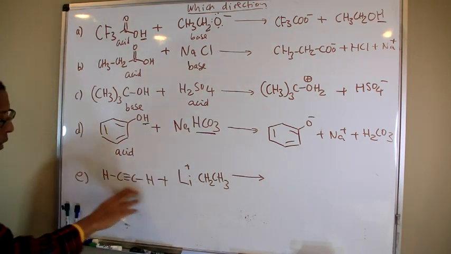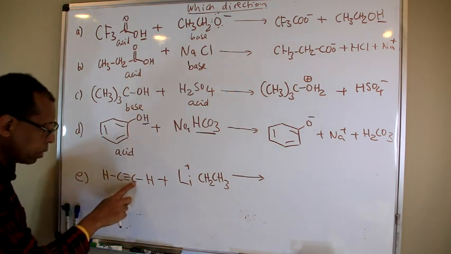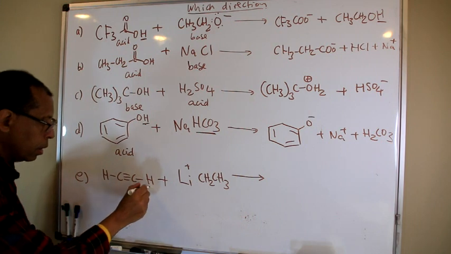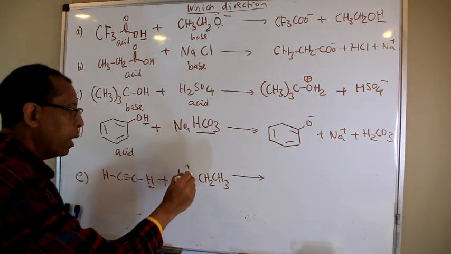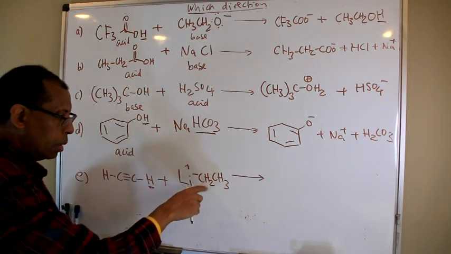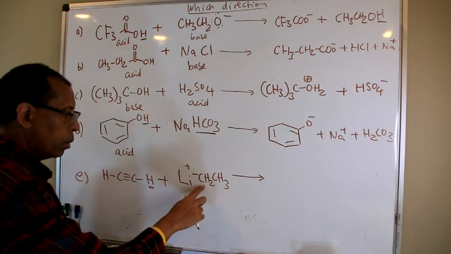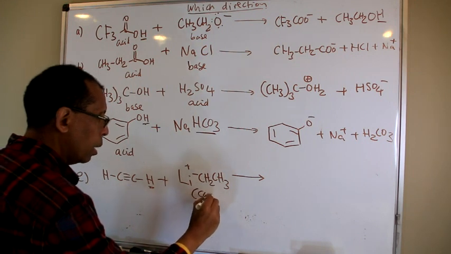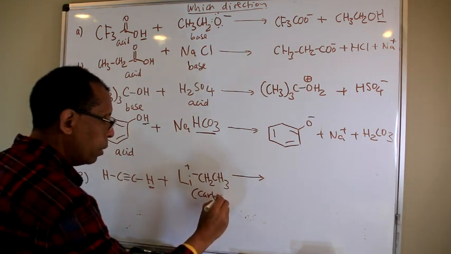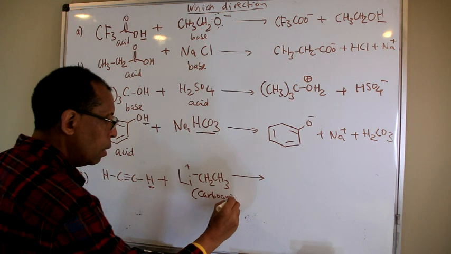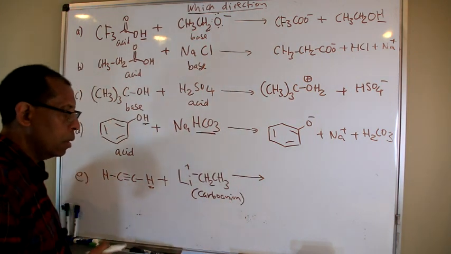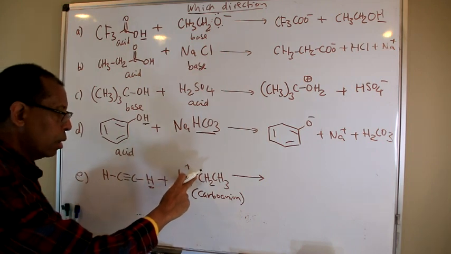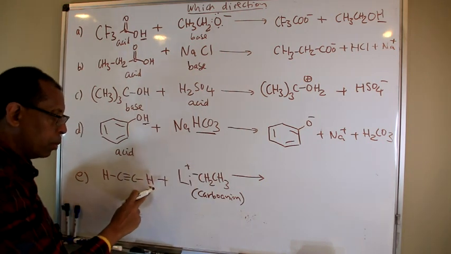In this case, this is acetylene. Remember, it is an sp hybridized carbon, and the hydrogen is acidic. And we have a lithium carbanion. Carbanions are strong bases because this is a very unstable negative charge, so it readily would accept a proton.